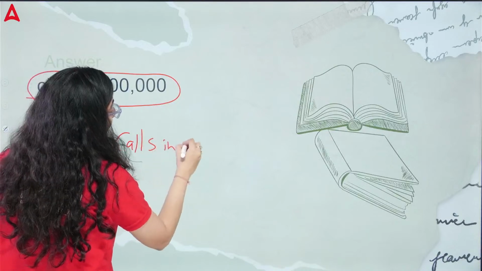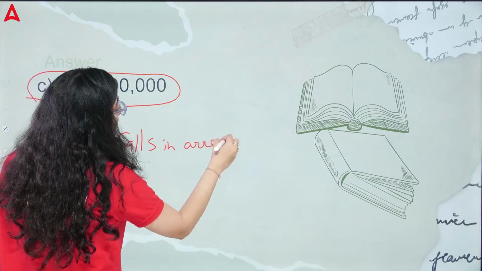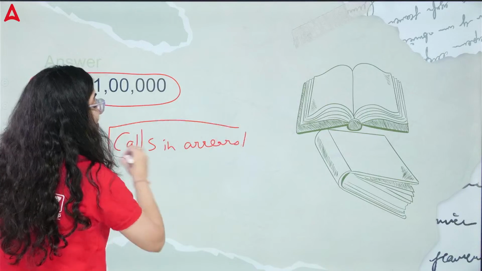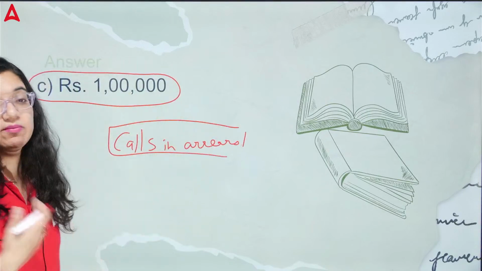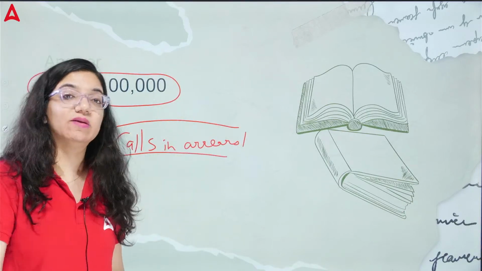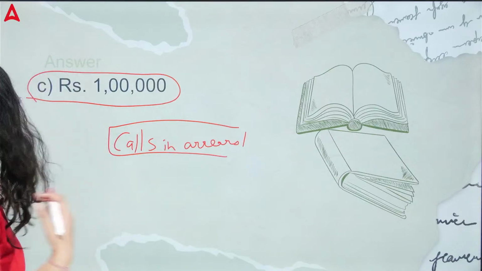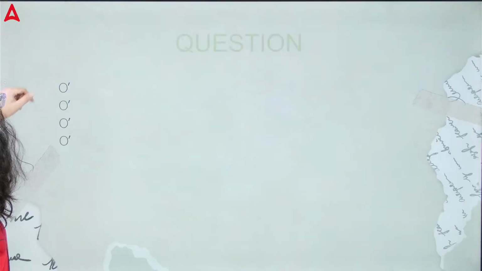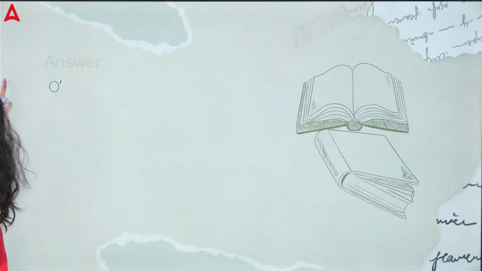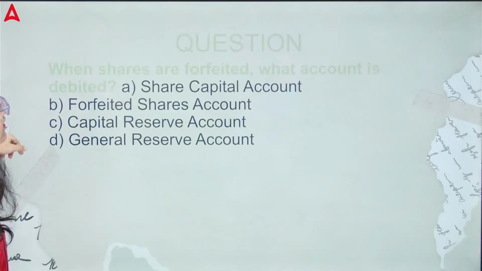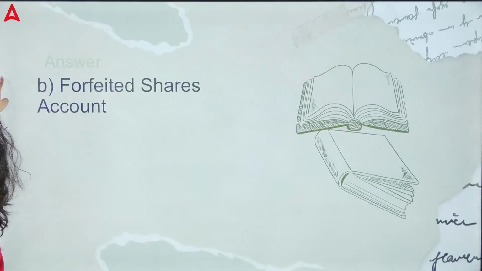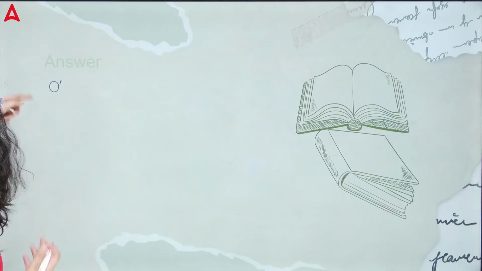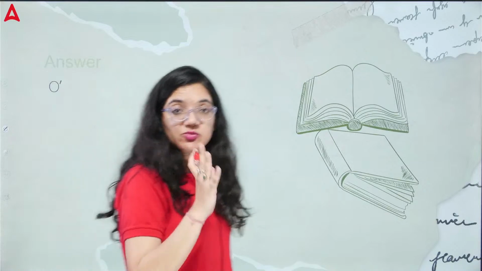Maybe they haven't paid yet, but they will pay in future. So my share capital is definitely going up by 1 lakh. The remaining amount is still pending, which they can pay me later on. This question can be made more clear. Today we are having a little problem related to the font of the class, so I'll just continue with this.